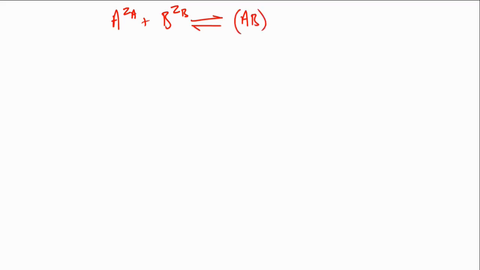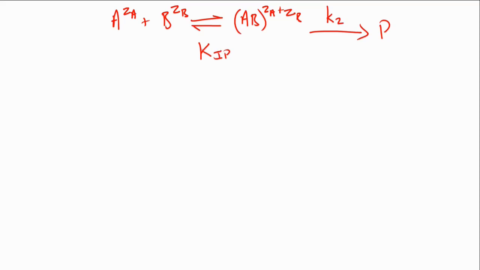And of course, you can imagine that the charge on this complex would be ZA plus ZB. And then this complex could break down to give you your product P, governed by a rate constant. Let's call this K2. This equilibrium, we could call it KIP, equilibrium of ion pairing.